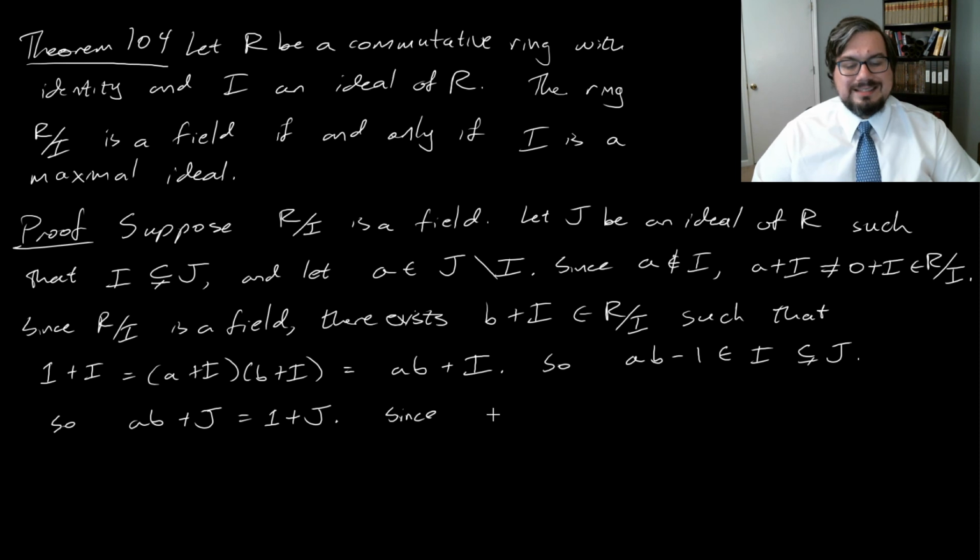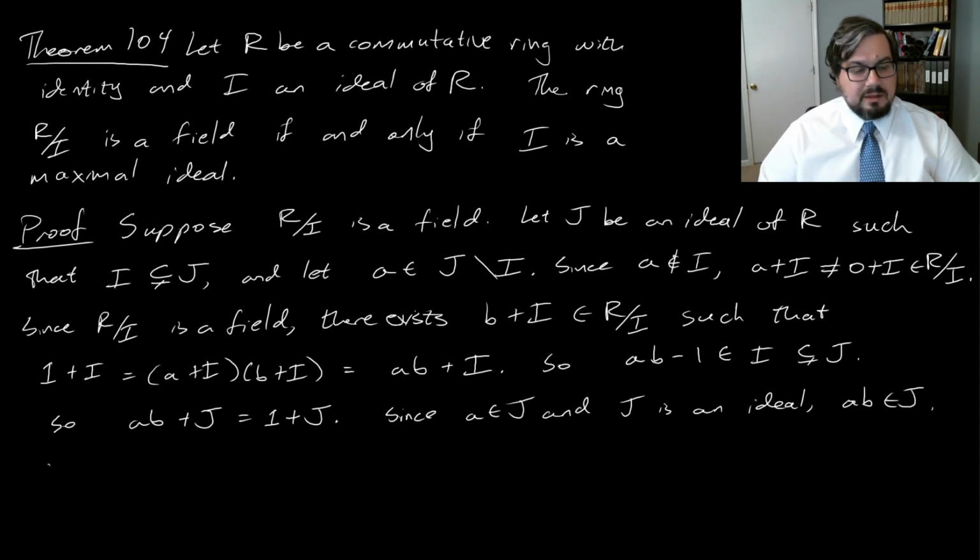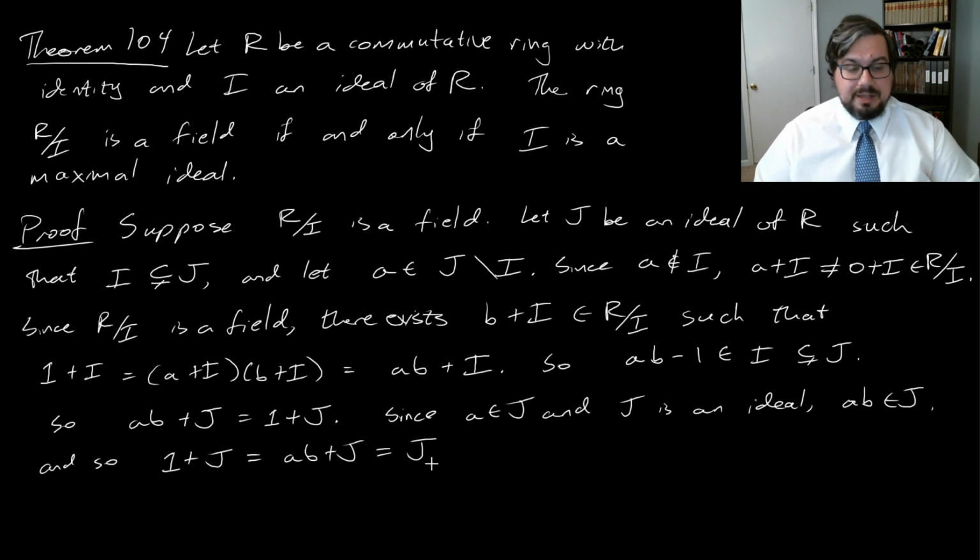However, since A belongs to J, and J is an ideal, that means that A times B belongs to J. And so we have that 1 plus J is equal to AB plus J, which is equal to just J. Hence, 1 belongs to J, and so J is the whole ring.